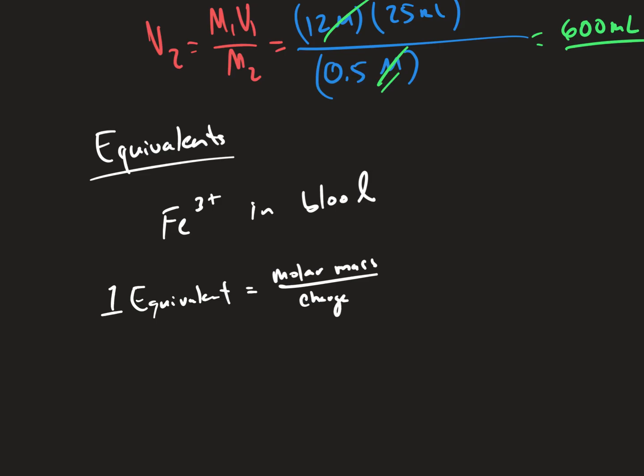Now, it's always the absolute value of the charge. What does absolute value mean? It's always going to be positive, right? That's all we have to worry about. So if we're dealing with a negative ion, we're just dividing by the value of that charge. That's it. We're never going to get a negative answer. That's nice, right? Okay.